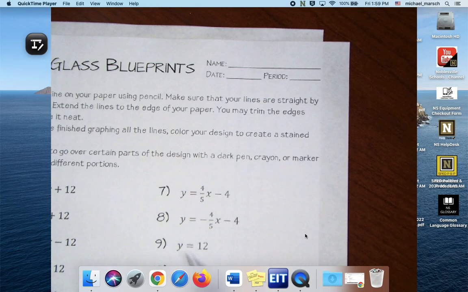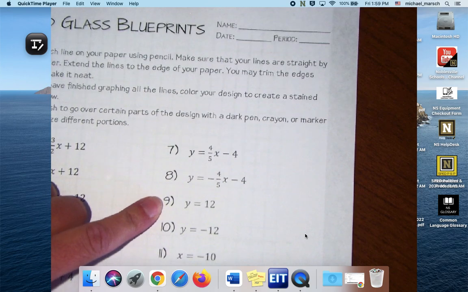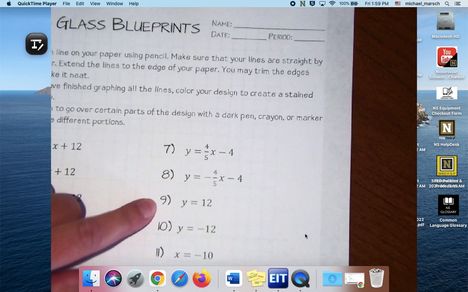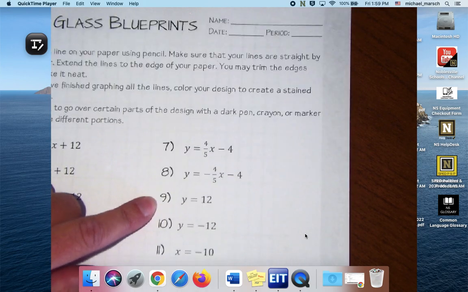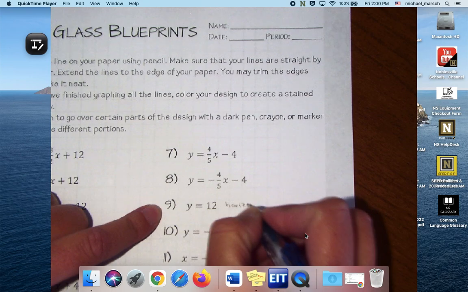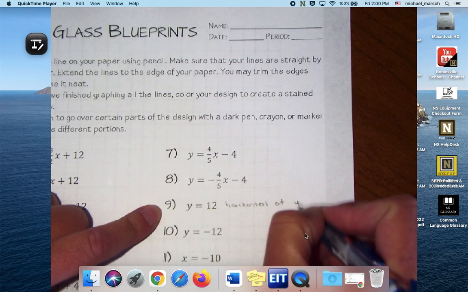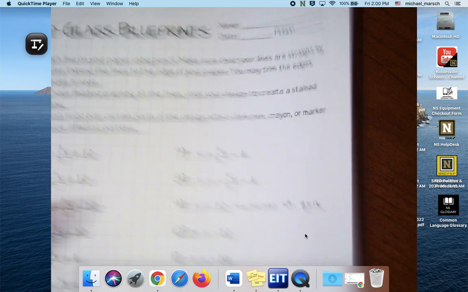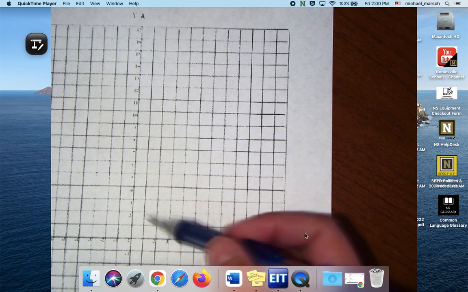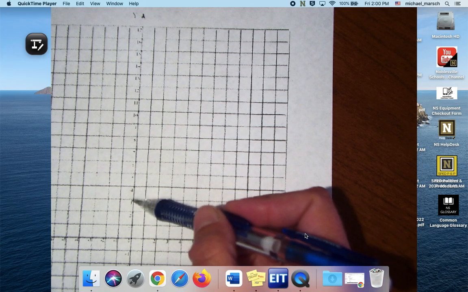Let's look at number 9. Somebody tell me, what is this line going to look like? It's y equals 12. What does that tell me, Eden? It's going to be horizontal. At y equals 12. So I'm going to go over here. I know it's kind of hard to see the numbers, but you can also just count the lines.